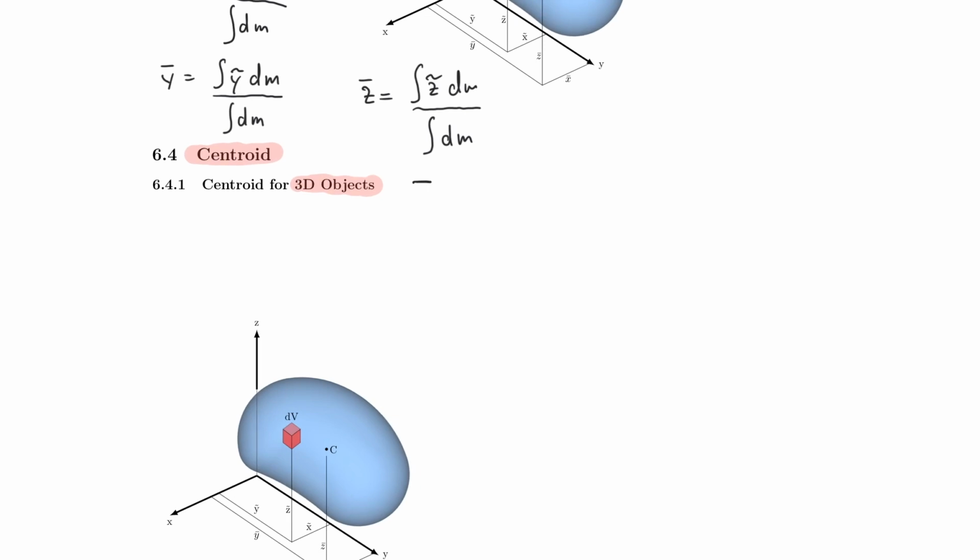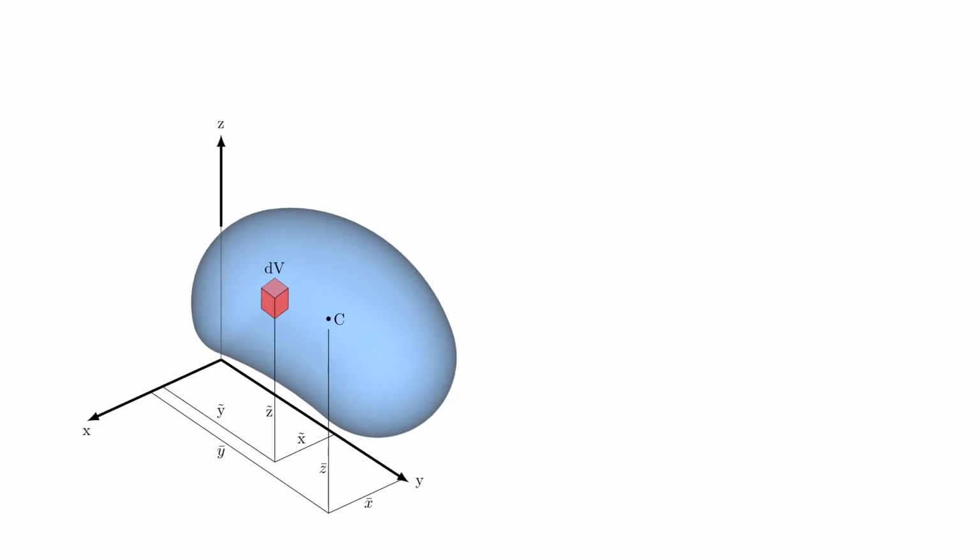The centroid is a geometric property. So that means independent of what the potato is made from, only the volume matters. As you can see here in the picture, I actually don't have a mass element anymore, but instead I have a volume element. And that is the only difference here.